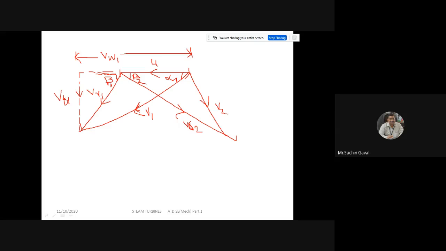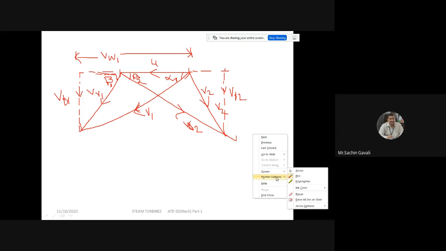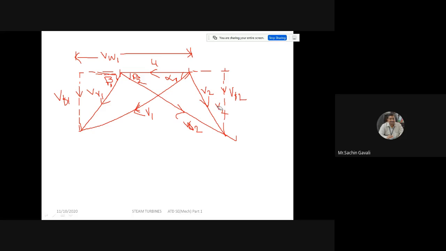One is the horizontal component and the other is the vertical component. If you resolve V2 into two components, the vertical component of V2 will be VF2, and the horizontal component of V2 will be this.